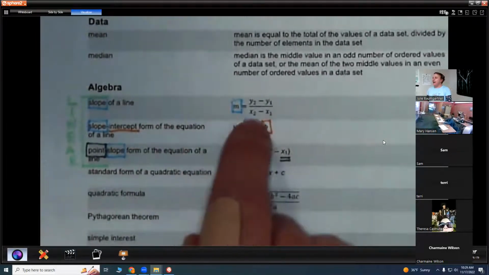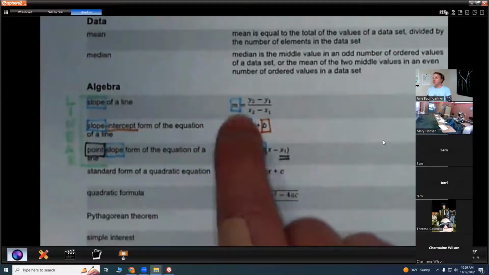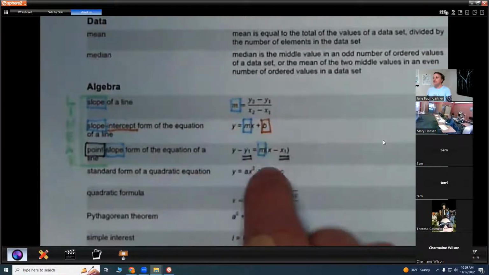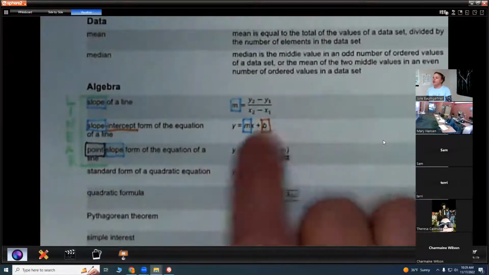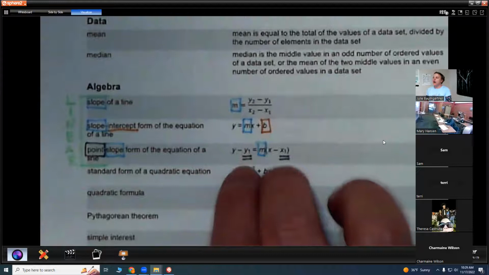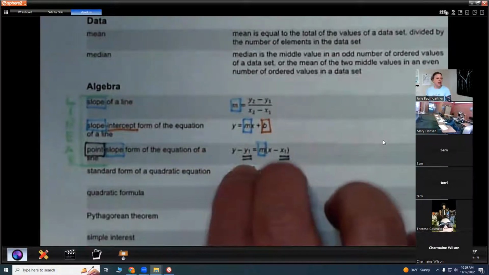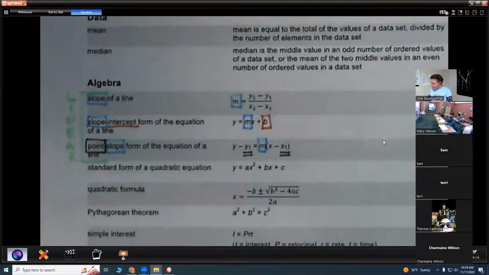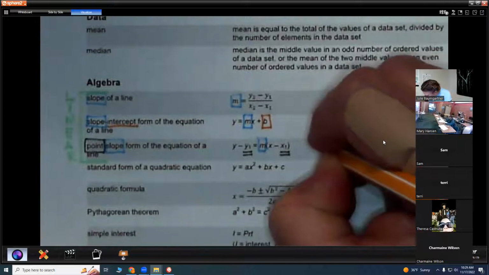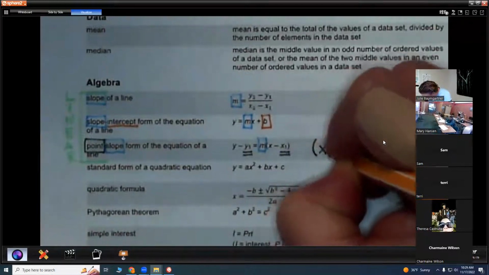Our y and our x are the same. We still need a slope in this form or this equation. But instead of our b, we have a point on the line. That's what x sub 1 and y sub 1 is, a point that we know on the line.